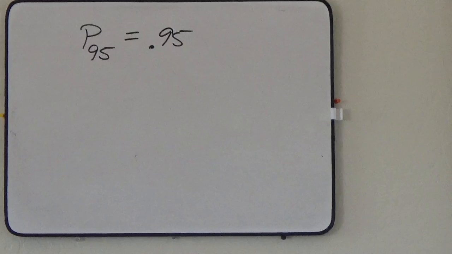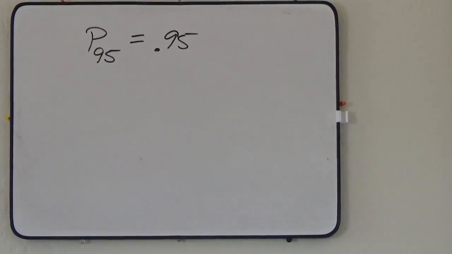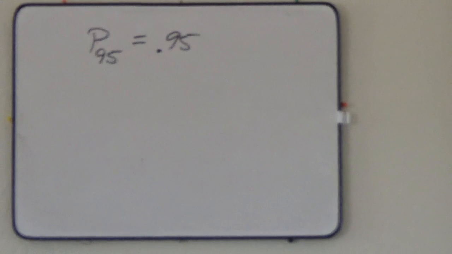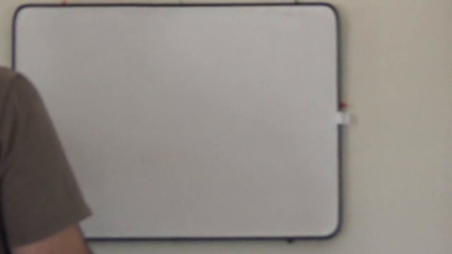Find the score that separates the bottom 2.5% and the top 2.5%. Let me write down what this is asking us. We want to find the scores that separate the bottom 2.5% and the top 2.5%.